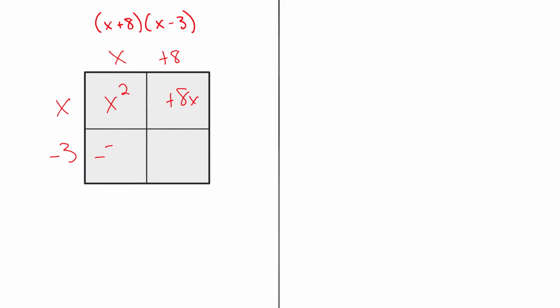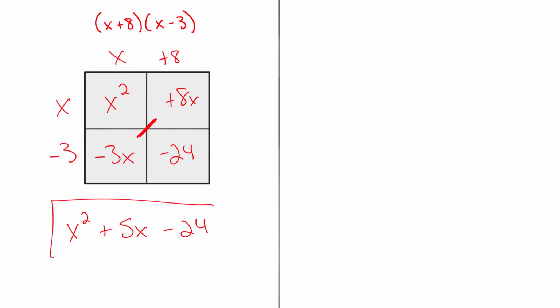X times negative 3 is negative 3x. And then negative 3 times 8 is negative 24. These diagonals are the like terms, so I can combine those together to get my final answer of x squared plus 5x minus 24. And this is my answer. Yay.